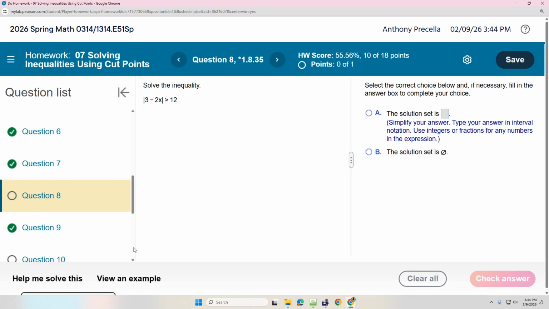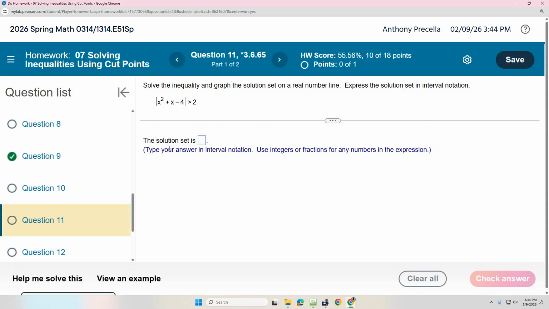Number 11. Write this problem down. Number 11, we have the absolute value of x squared plus x minus 4 is greater than 2.